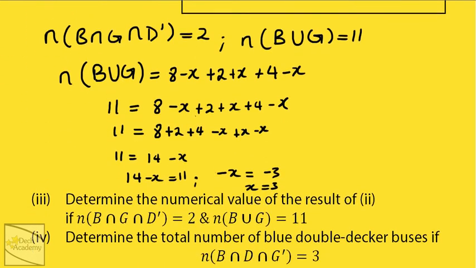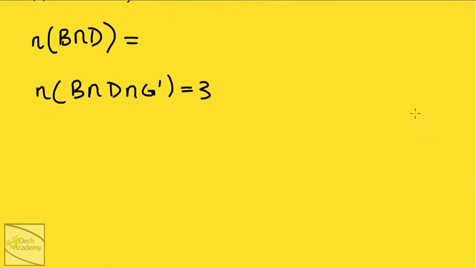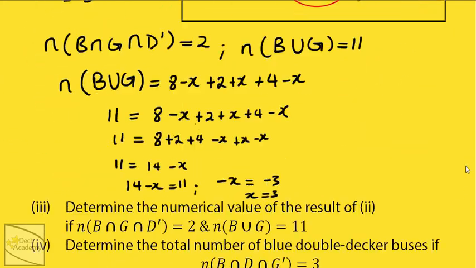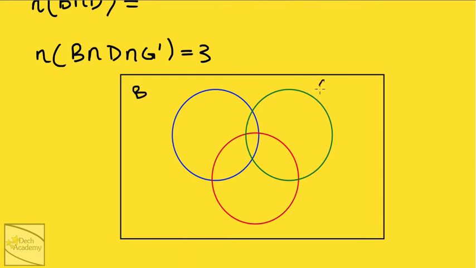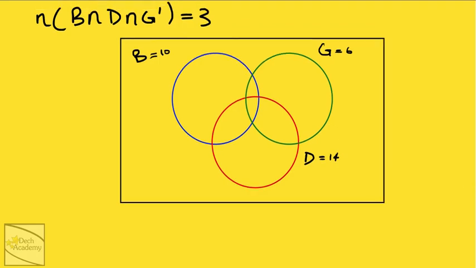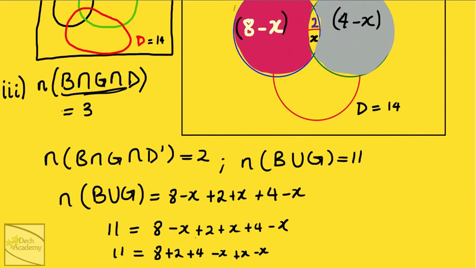Well, what we can do here actually is have a new diagram. So from the old one, B, G, D. Given that we determined that x is in fact 3, we know that this 8 minus 3 is 5, this 4 minus 3 is 1.